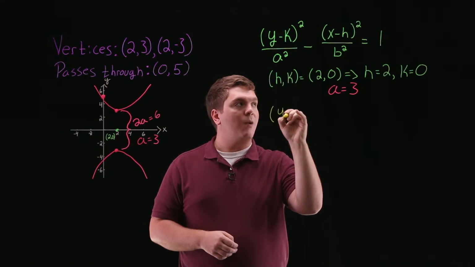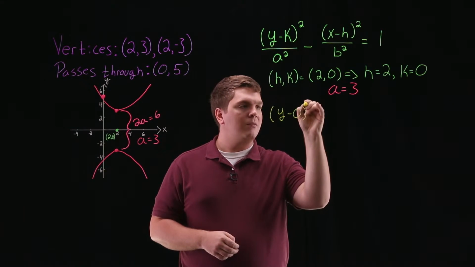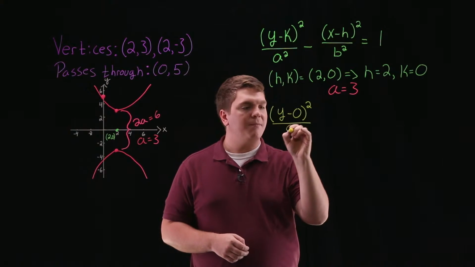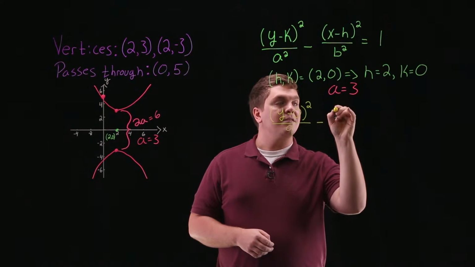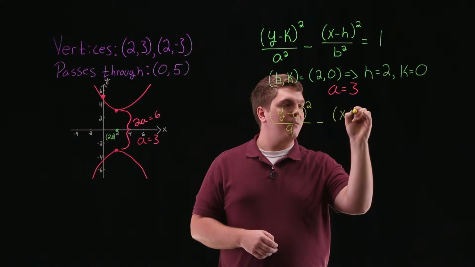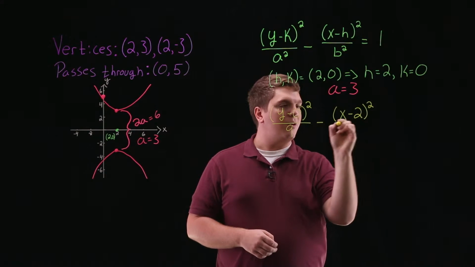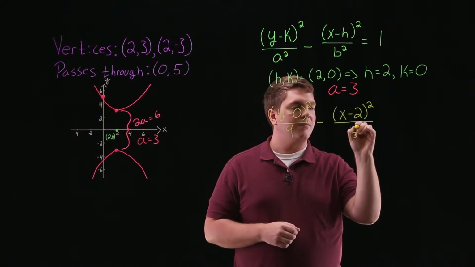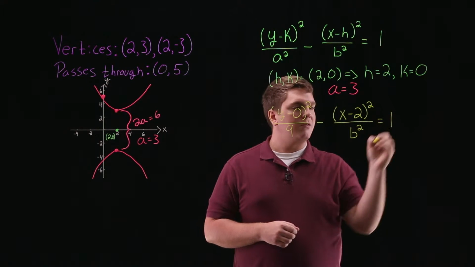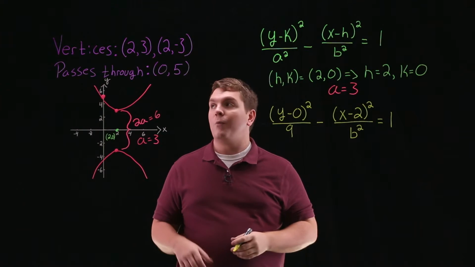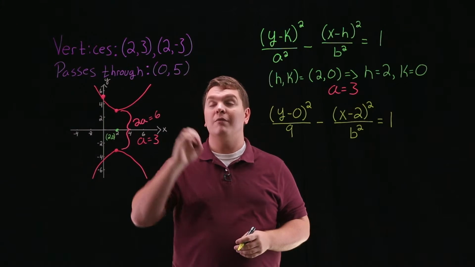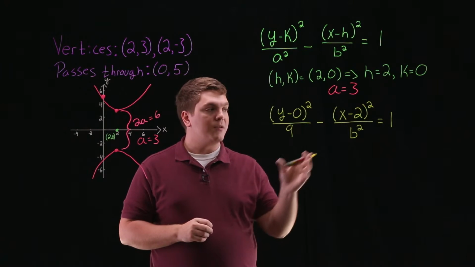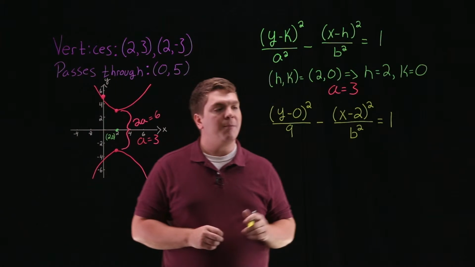So what we're left with is (y minus 0) quantity squared, divided by a squared, which is 9, minus (x minus h), and we know h is 2, quantity squared, divided by b squared, which is what we're trying to solve for, and we know that this is equal to 1. So as I said, we know that our hyperbola passes through the point (0, 5). So this means that when x is equal to 0, y is equal to 5. So we'll substitute 0 in for x and 5 in for y.